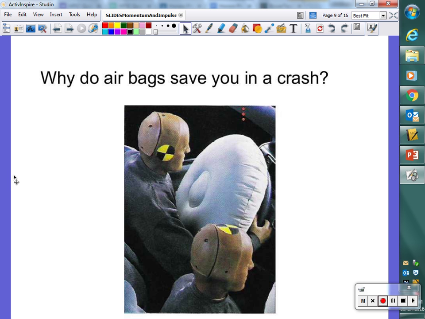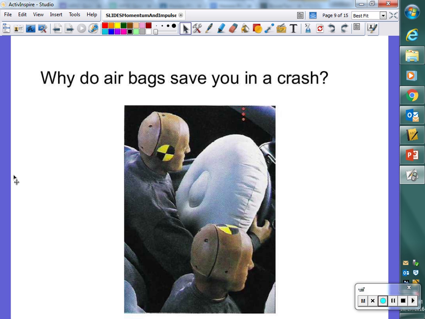But what else can stop your inertia? The wall or the dashboard, boom, that you run into, right? But how long does it take the airbag to stop you? Is it a long time? Not really. Is it longer than running into the steering wheel of the car? Yes.